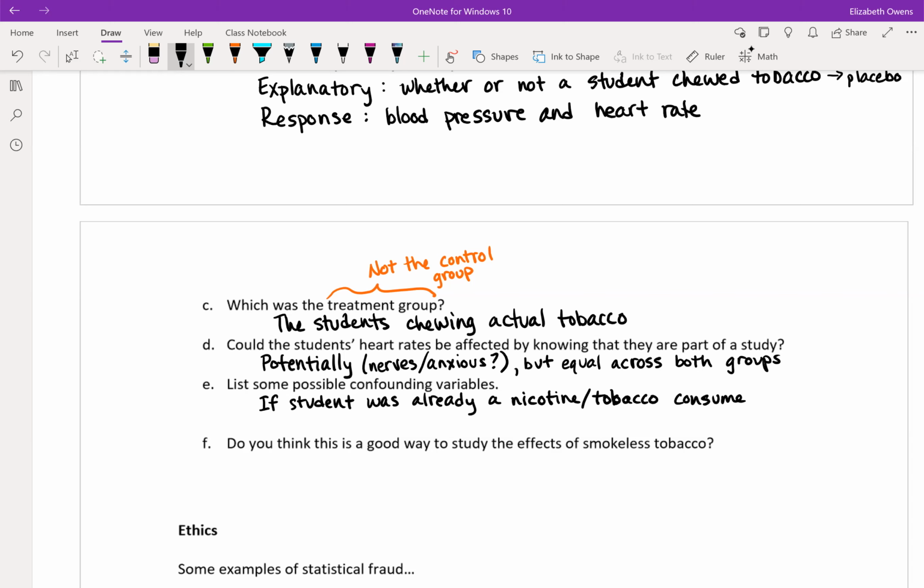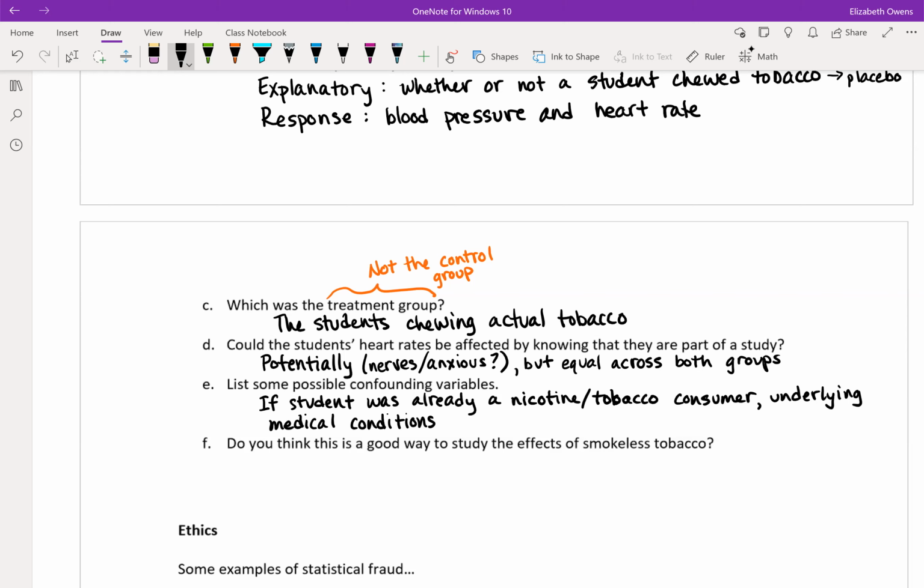That's the biggest one I could think of. Other things might be if a student has some underlying medical condition that would cause them to have more of an effect, a greater impact on blood pressure and heart rate. We'd have to see, are all our students generally in good health in this study?